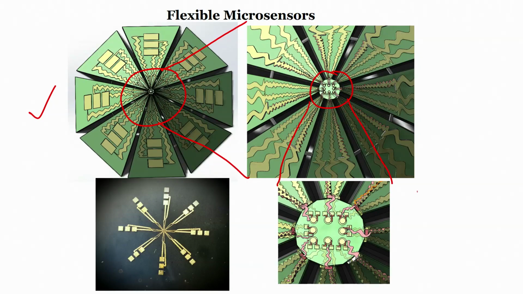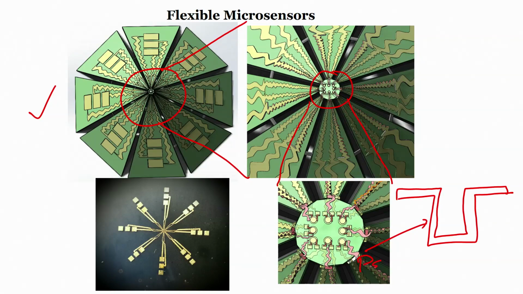What does it have? It has a strain gauge. Let me draw a little bit bigger strain gauge, so that we understand. And this strain gauge is made up of piezoresistive material.